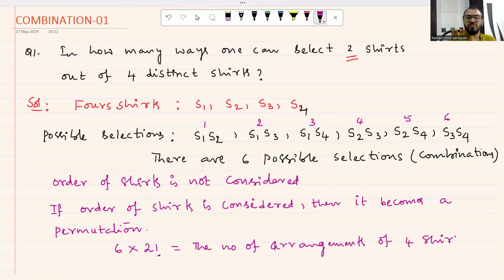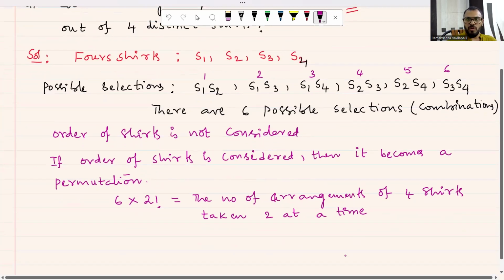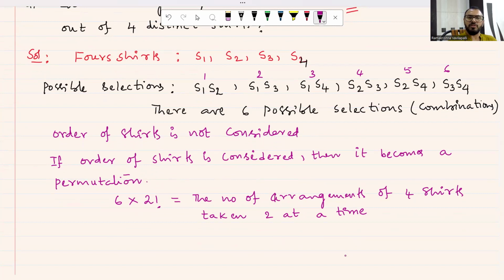All are different, of course. With each pair, we have 2 arrangements, as there are 6 selections, 6 into 2 factorial.